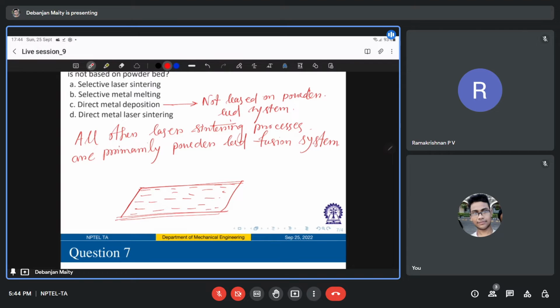As of now you are not melting it, and no deposition is happening. You spread it over the powder bed, and then you use a roller system to get uniform dispersion of the powder.